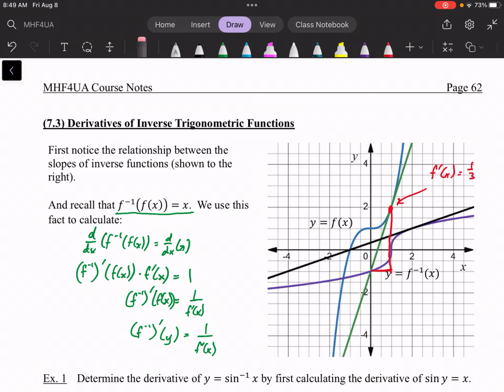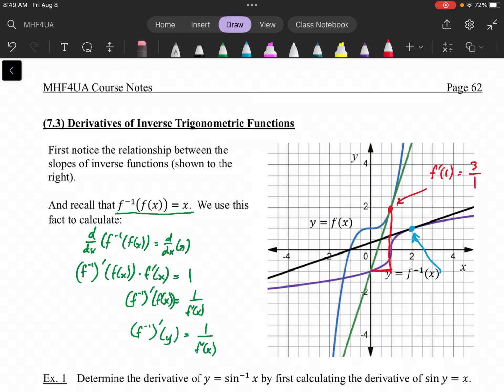Well, f prime at 1, actually. Now what you can also notice is something similar happens at this point 2. Actually the slope is 3, not 1 over 3, it's 3 over 1.